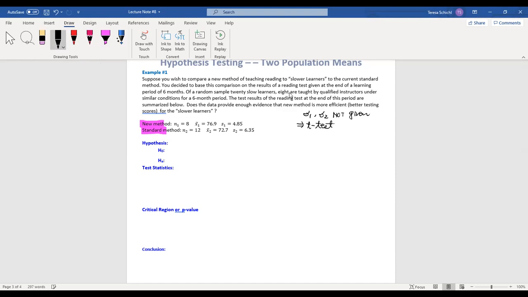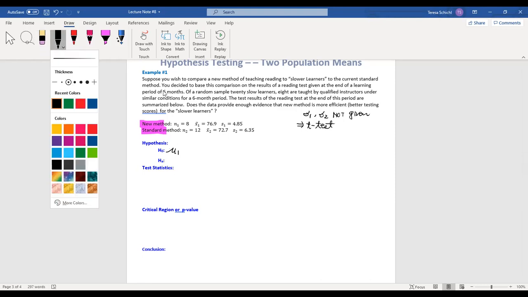Now let's put out our hypothesis test. The null hypothesis is that the new method is equal to the standard. To simplify, let's just write mu1 and mu2.